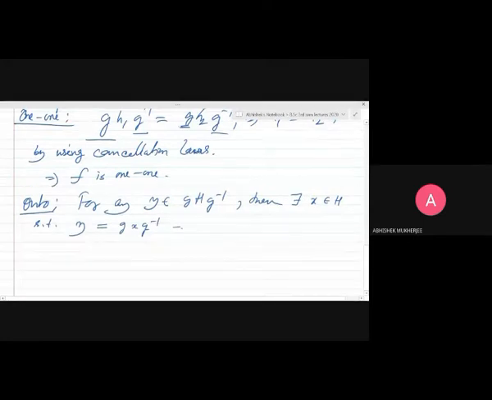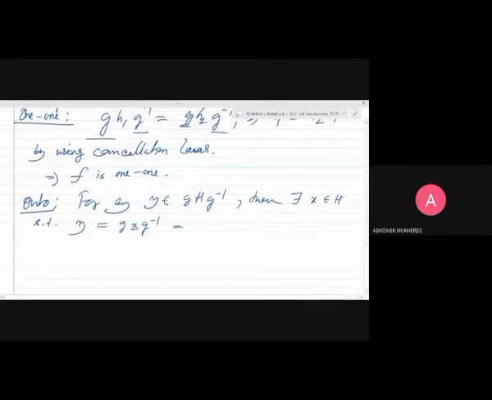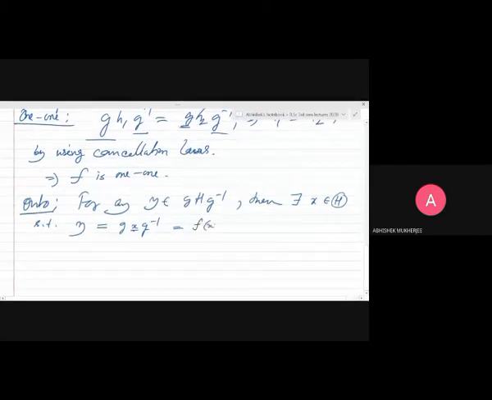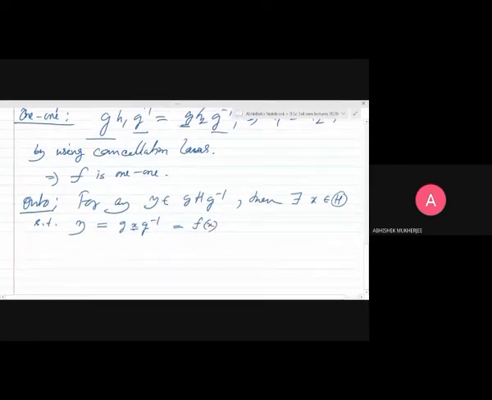That means this x is in H. So G x G inverse is actually f of x. So that means corresponding to any y belonging to G H G inverse, you can definitely have one x belonging to H whose image is y. So that means the map is onto.